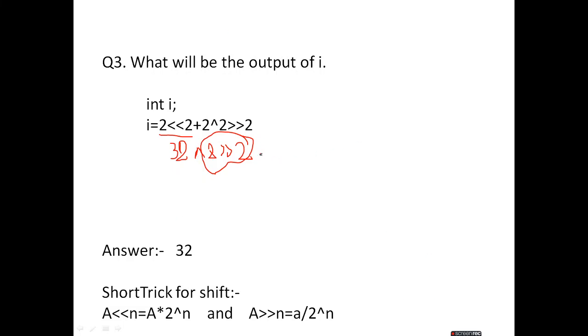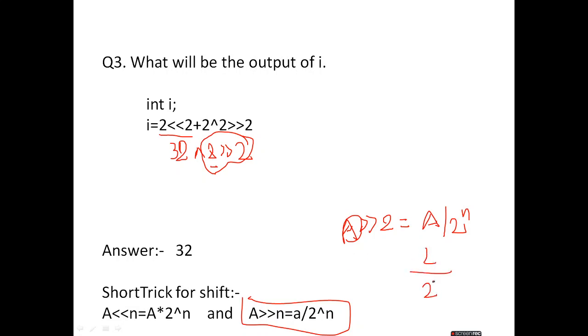So for right shift, the formula is A divided by 2 to the power of N. Here A is 2, so 2 divided by 2 to the power of 2, that is 2 divided by 4, which is 0. So this whole value becomes 0.